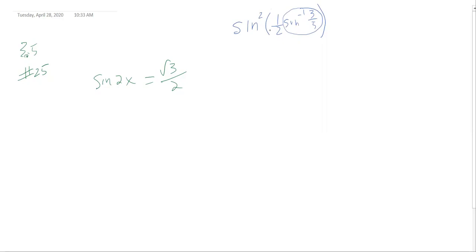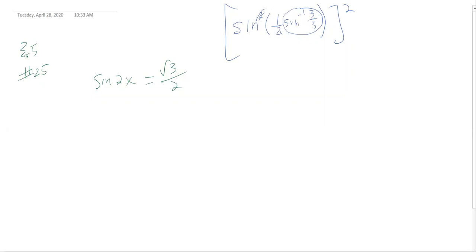If the half wasn't there, I would have this whole thing squared. Remember, that squared out there is really just this. If this half was not in here, I would just have 3/5 as my answer, because the sine of the inverse sine is whatever the argument is.